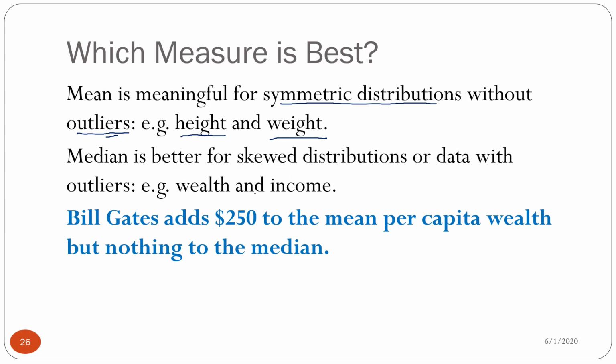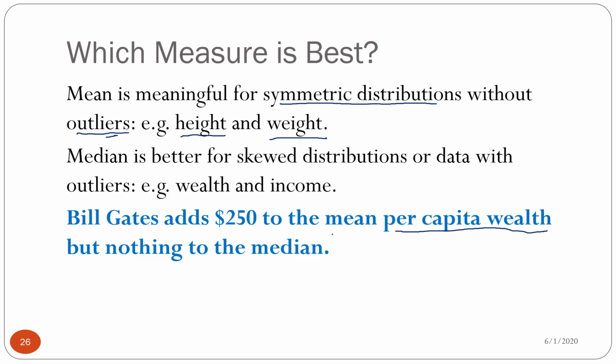An interesting thing in the textbook says that Bill Gates, who we should consider an outlier because he is really rich, matters a lot. If you compute the mean per capita wealth including Bill Gates, the value that you get is $250 more than what you get when you take Bill Gates out.